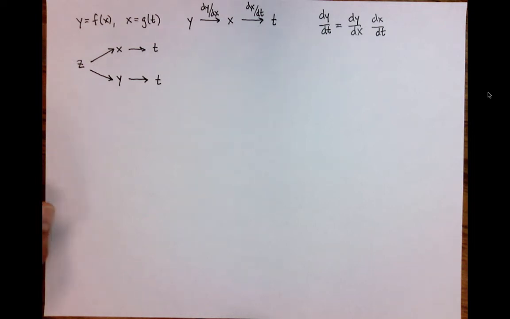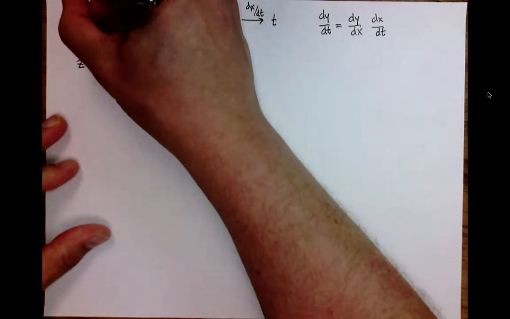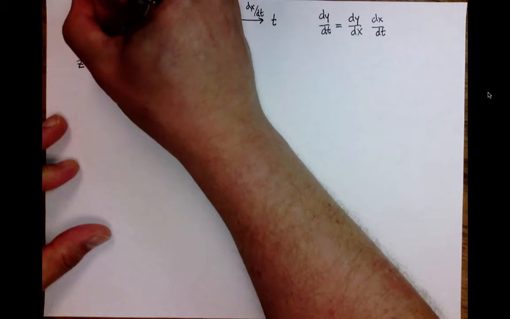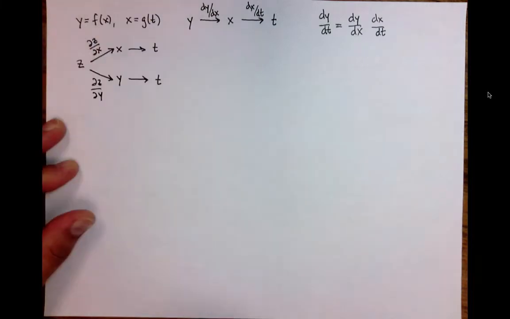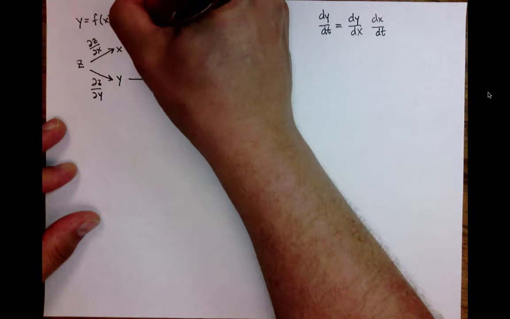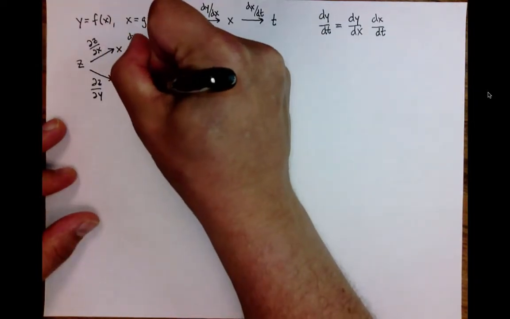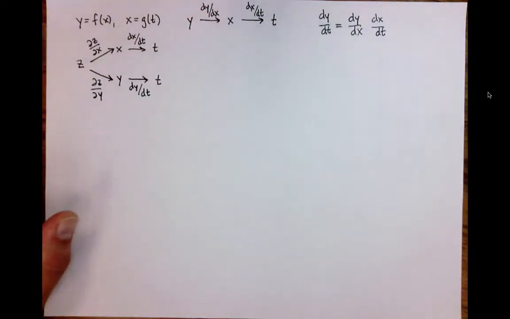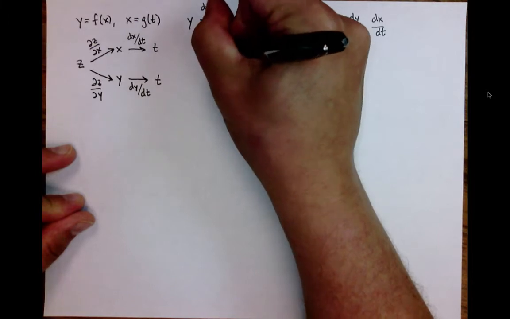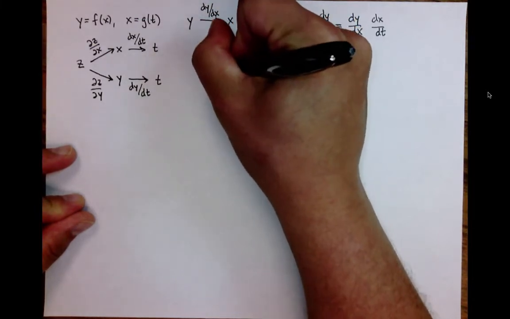So z depends on two things, so that means we need to use partial derivatives when it comes to z. Meanwhile, x only depends on one thing, so I can use the ordinary derivative for that. y depends on only one thing, so I can use an ordinary derivative for that. So ultimately here, z only depends on t, so that means I can write an ordinary derivative of z with respect to t.